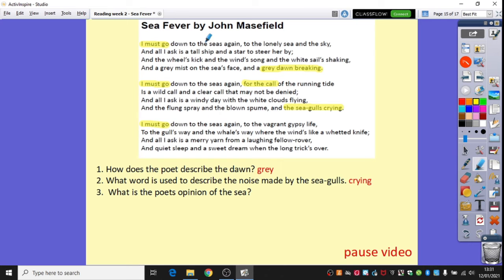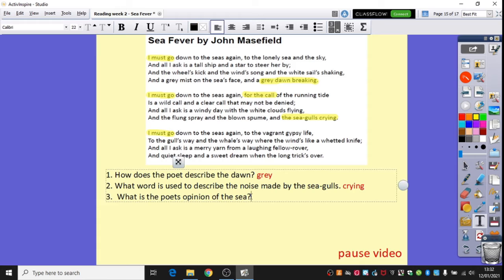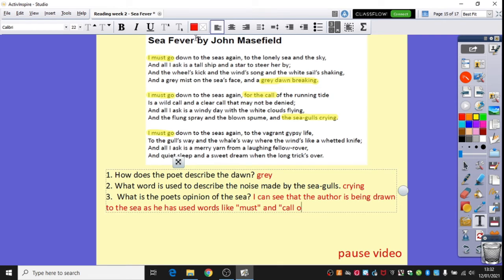So let's try and think of an answer that we can write for this one. So we're thinking about he must go down to the sea, it is calling him down there. So I can see that the author is being drawn to the sea as he has used words like must and call of.